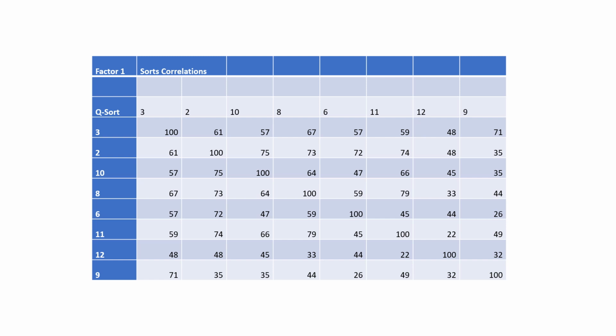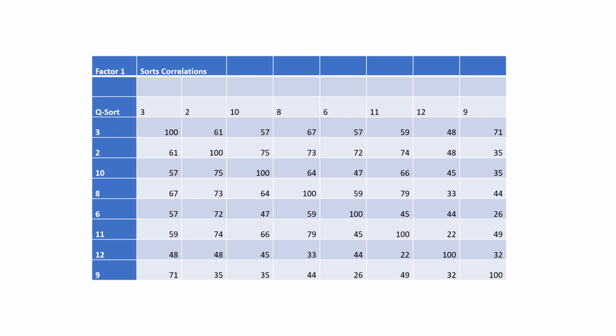This is person 3, person 2, person 10, person 8, person 6, person 11, person 12, and person 9. So this particular example resolved to 2 factors. In other words, there were 2 groups of people. And in the first group, there were 1, 2, 3, 4, 5, 6, 7, 8 people. In the second group, in factor 2, there were only 4 people.